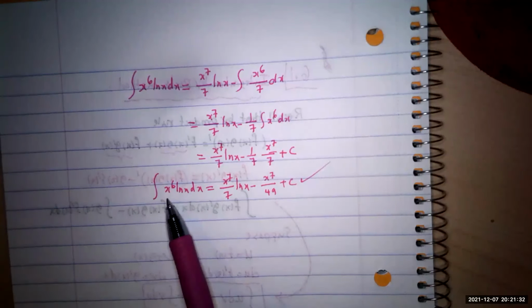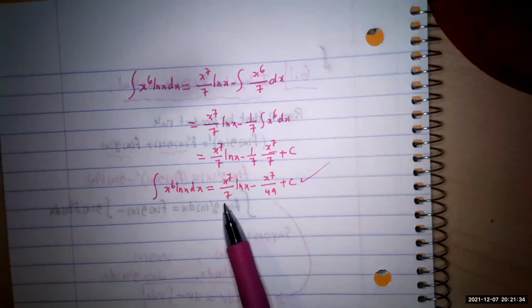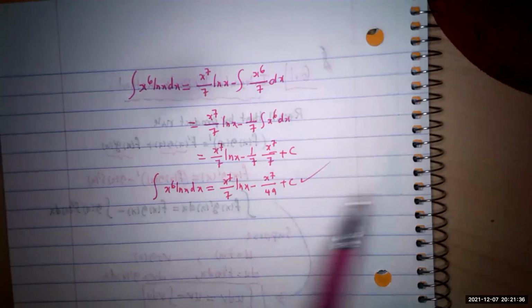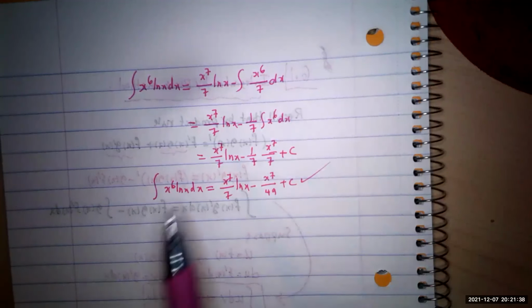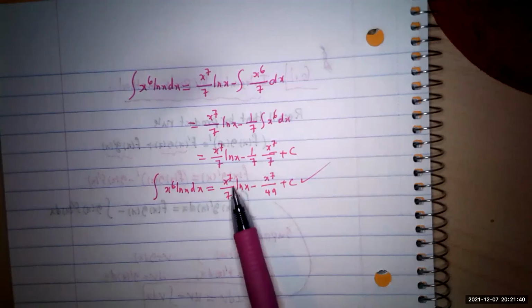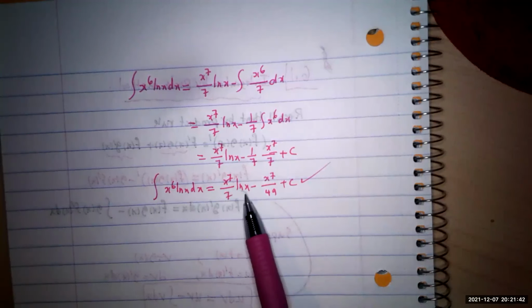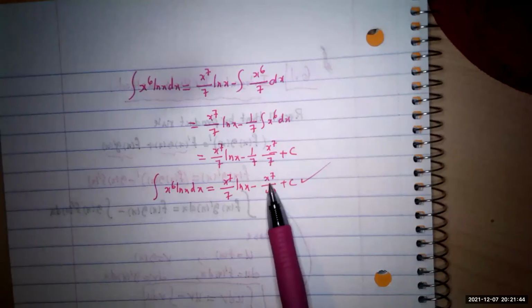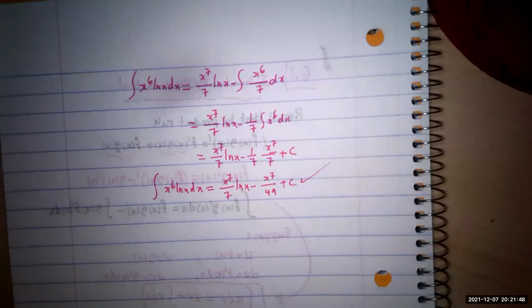This is x to the 7 over 7, x to the 7 over 49 all the time. If it's going to be x to the 5th, it's going to be x to the 6 over 6 ln x minus x to the 6 over 36. One formula, but we have to do it to get these numbers done. Any question?